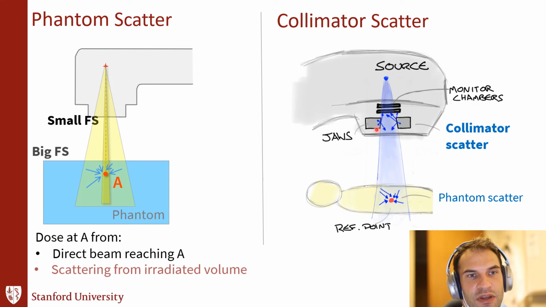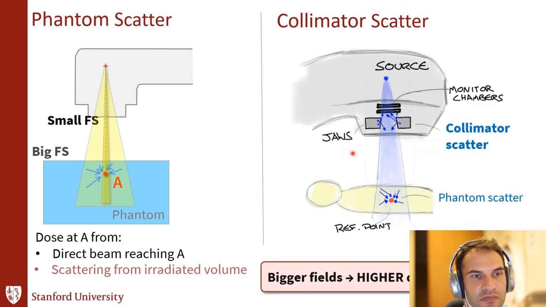It's doing that mainly through backscattered dose from the jaws. What you really need to know is that it's always increasing with field size. Both effects increase with field size, so larger field sizes mean more scatter in the patient.